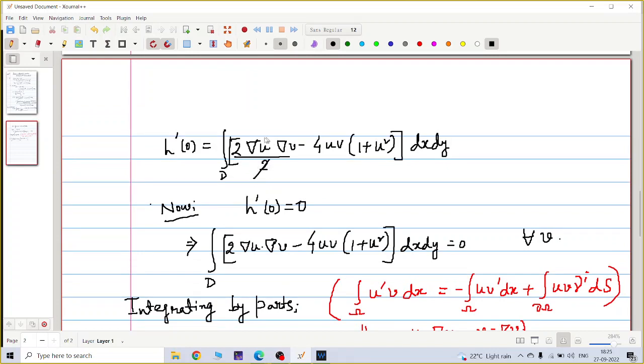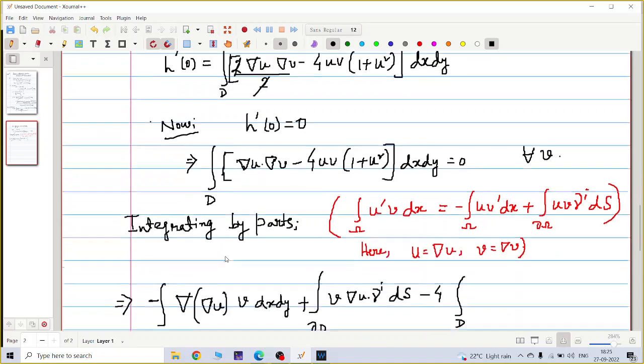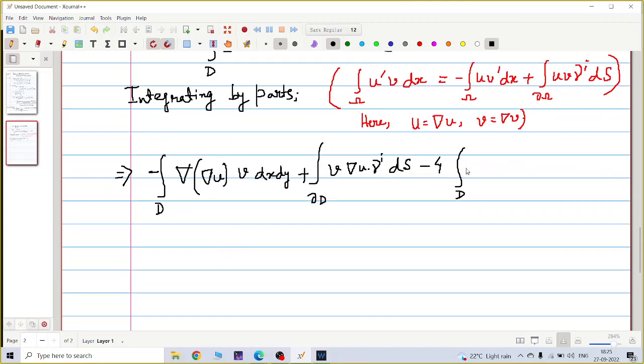So I will get only grad u dot grad v, minus 4 into (1 plus u square) into uv dx dy equal to 0.